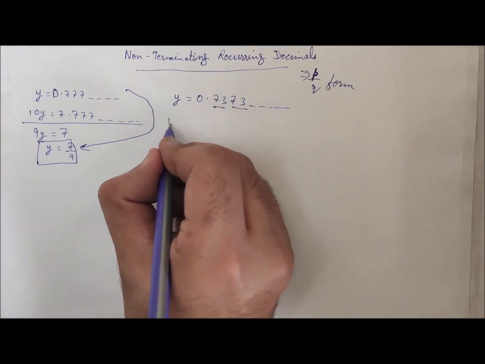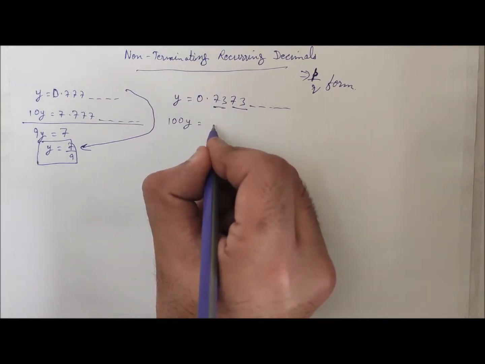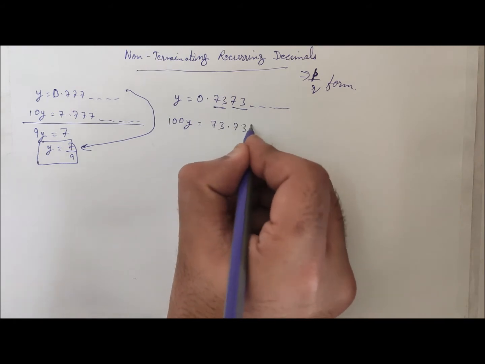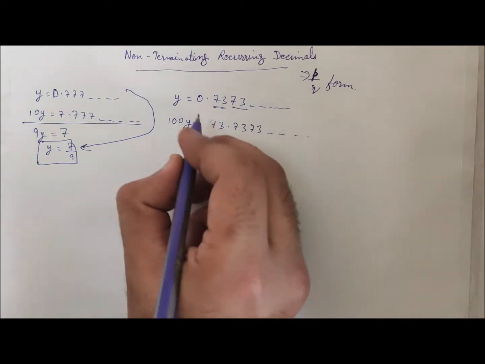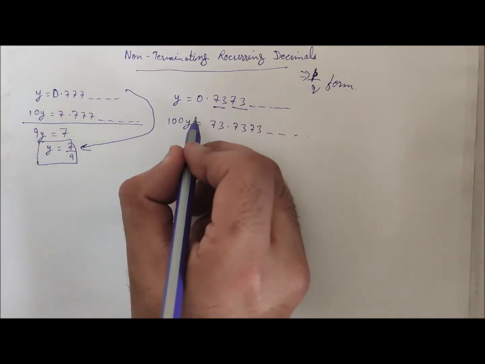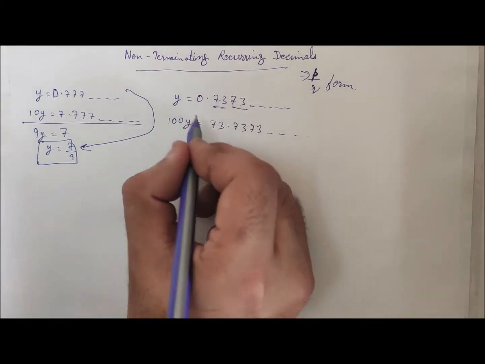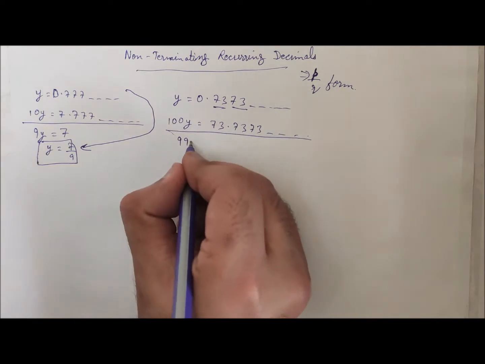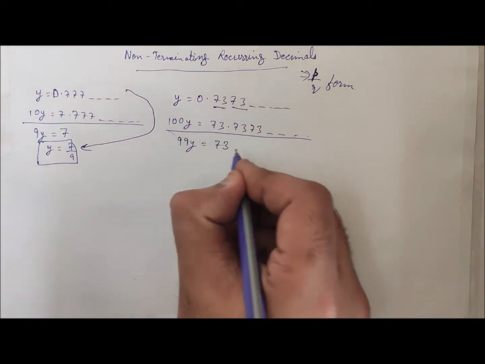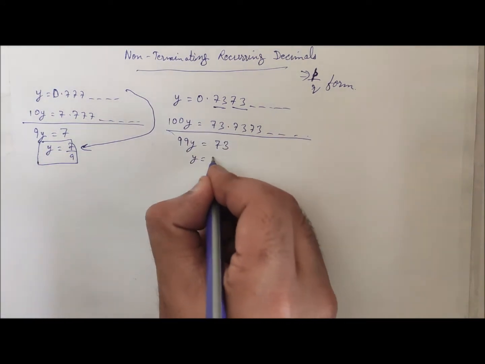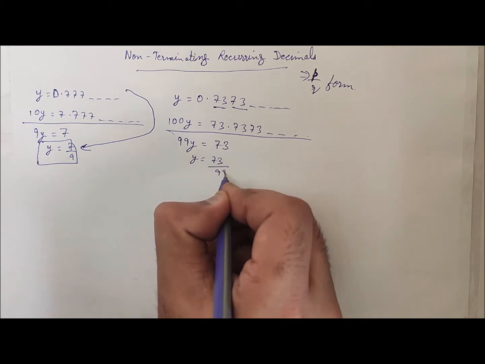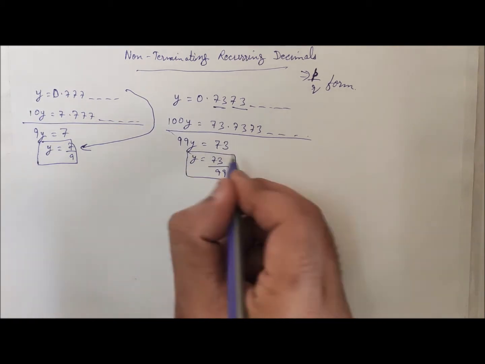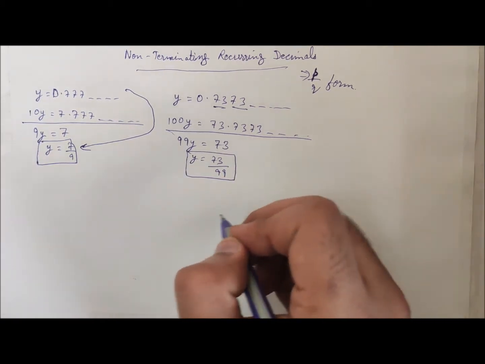So that would be 100y, we'll get 73.7373, and it goes on. If I again subtract the first equation from the second, I'll be left with 99y is equal to 73. So y would be equal to 73 by 99, which is our p by q form. So that is the answer.